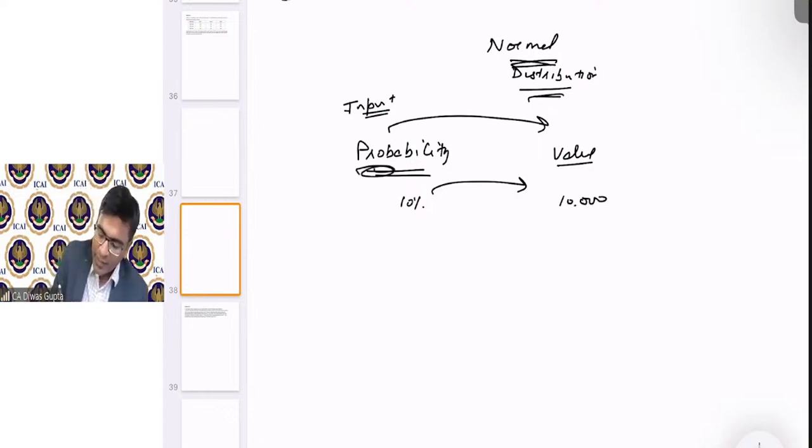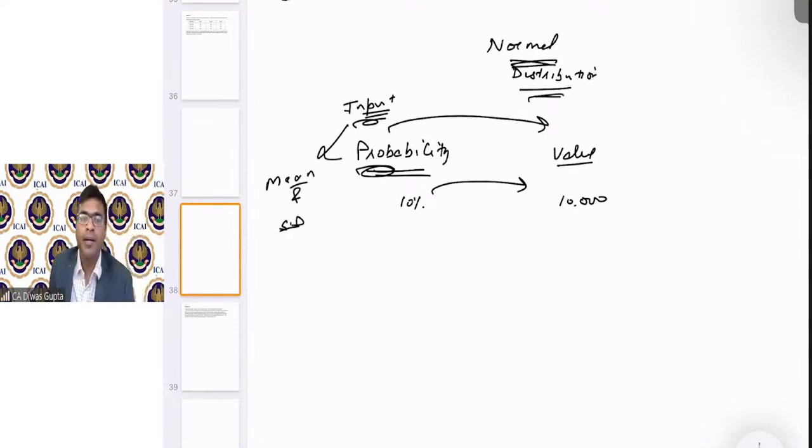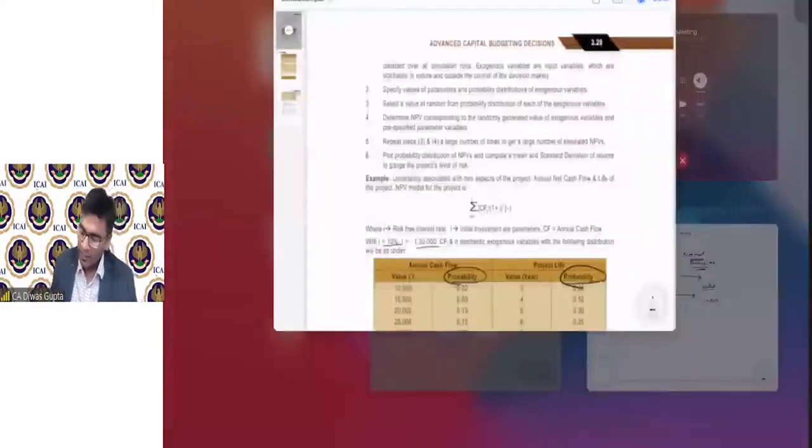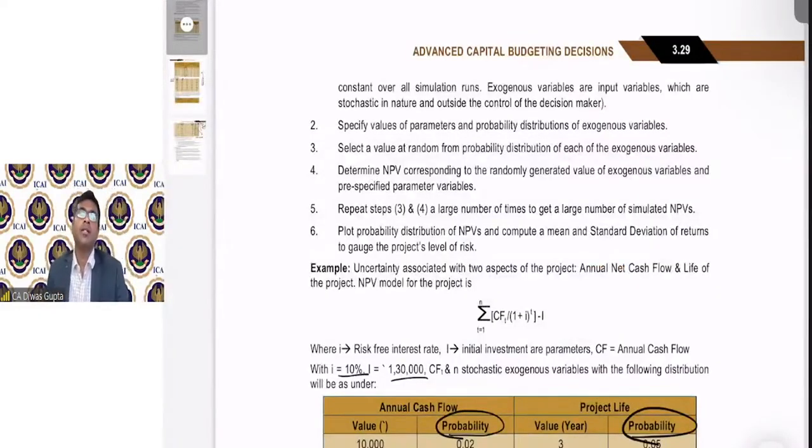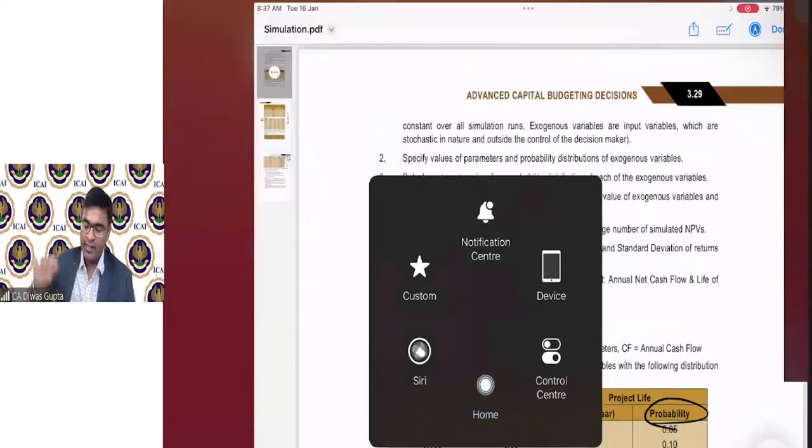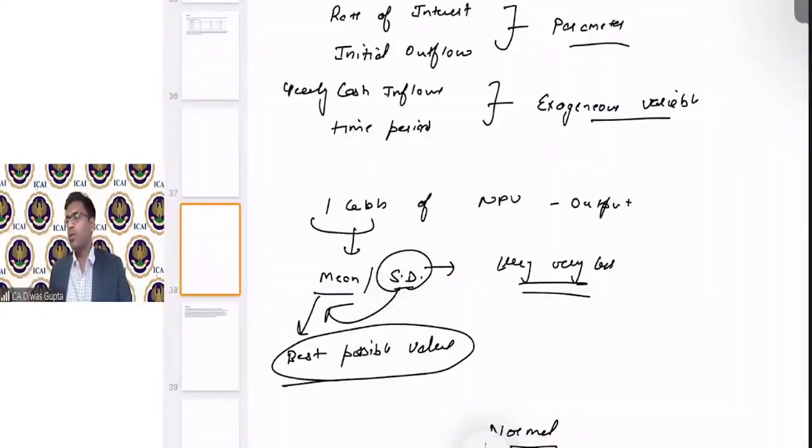Apart from probability, it takes one or two more inputs, which are the mean and standard deviation of those cash flows. We will discuss this normal distribution in detail. Although it is not covered till now, just out of curiosity I am telling you that these values are computed using the normal distribution table. We will cover that in detail in subsequent sessions. But as of now, please park this. I will try to link this when we study the normal distribution table.